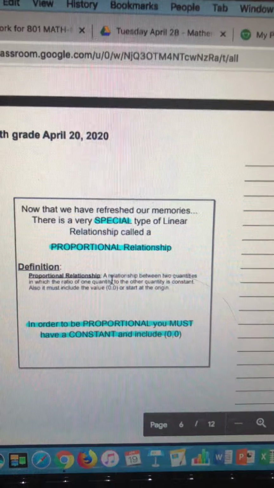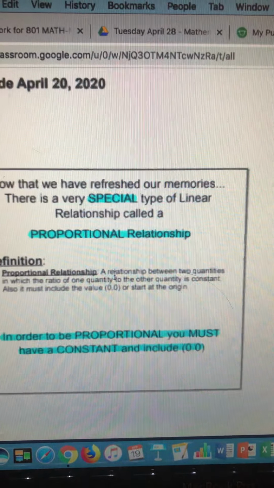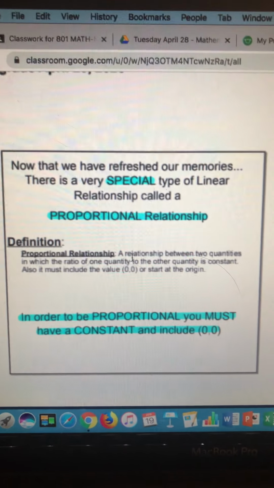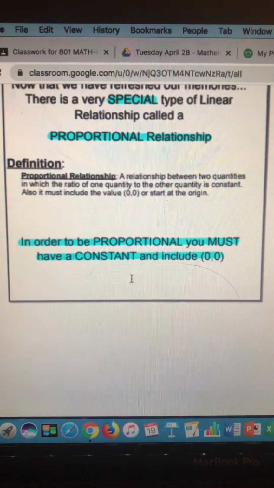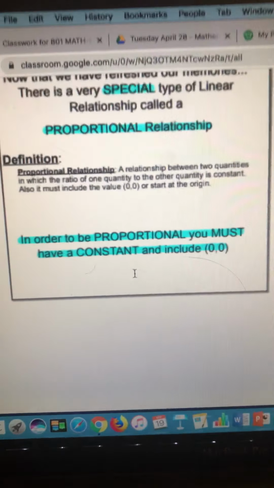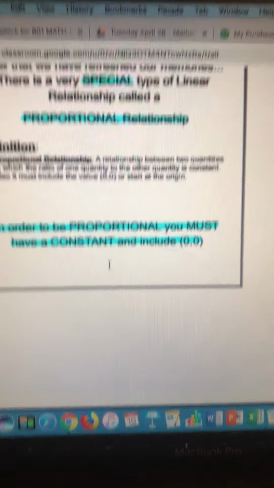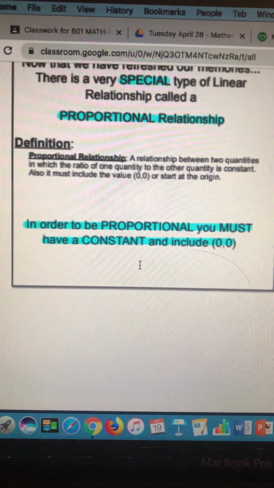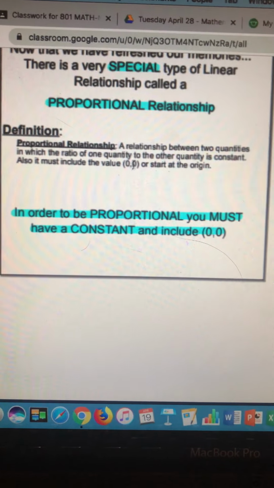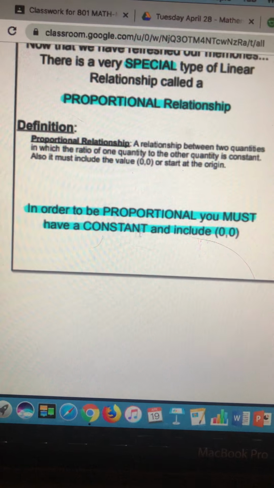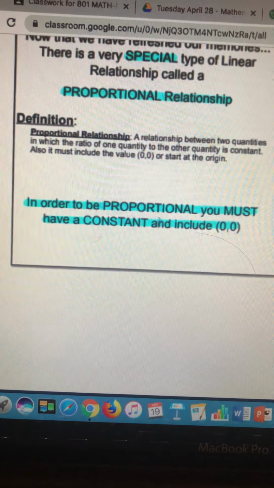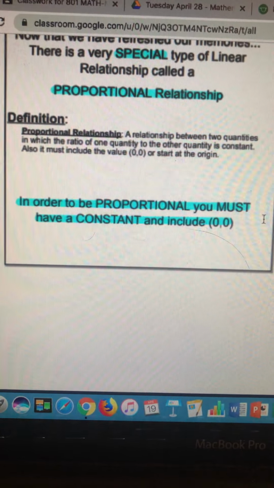So with that understanding, there's a special type of linear relationship, which is called a proportional relationship. So proportional relationships are linear relationships. They just have 2 specific characteristics. In order to be proportional, you must have a constant, which is your slope, and include 0, 0.